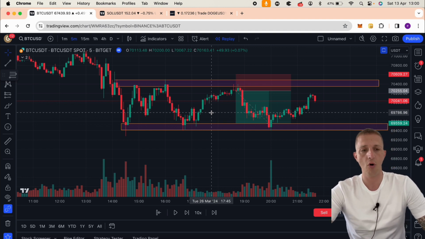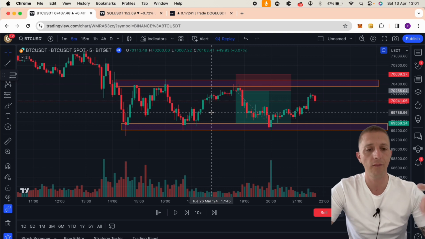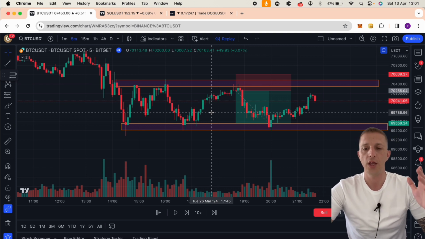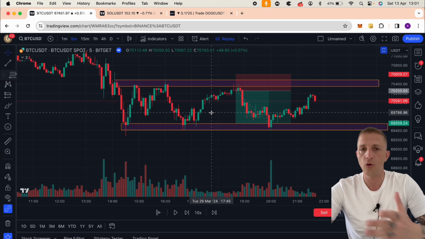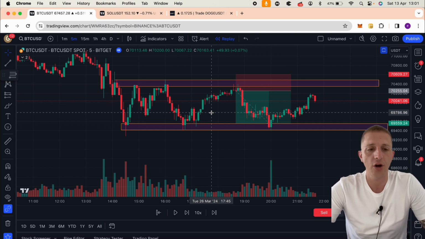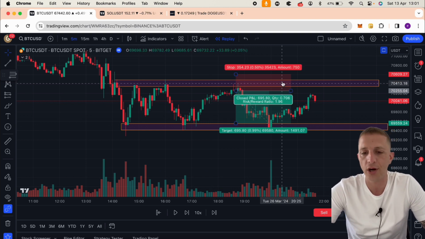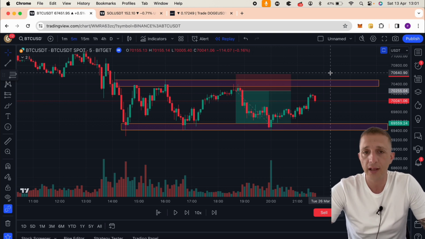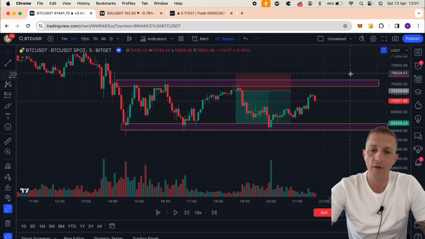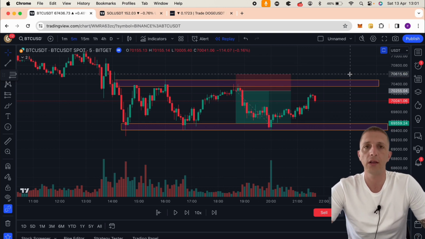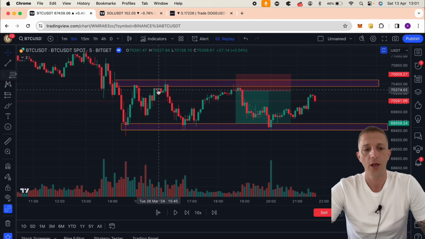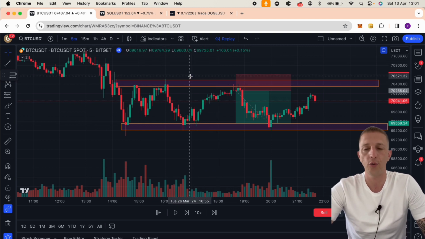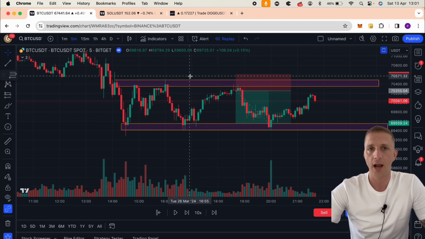This strategy works on the daily, on the 5-minute chart, on the 1-minute chart. You can use it wherever you want. Of course, in the daily chart, the 4-hour chart, the 1-hour chart, we're talking about long-term trading or swing trading, and these rectangles are much stronger areas in the bigger time frames, because if we go for example to the 5 minutes and the 1 minute, you have to count on it only if you are doing quick in and out scalping trades.